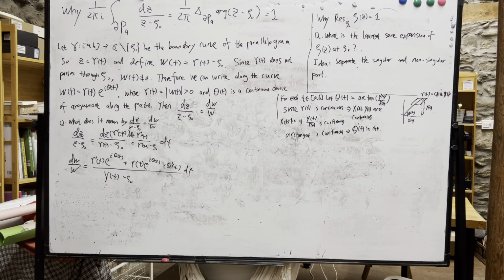So should I view this d omega as just the one form in terms of dt? Is that how we define d omega?